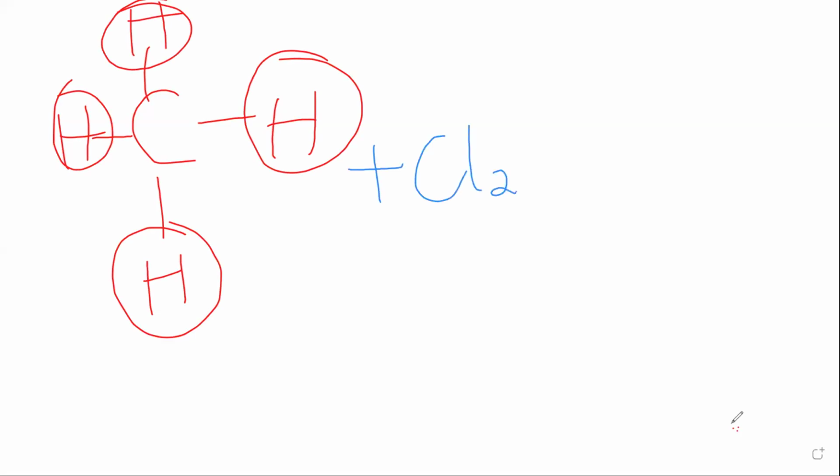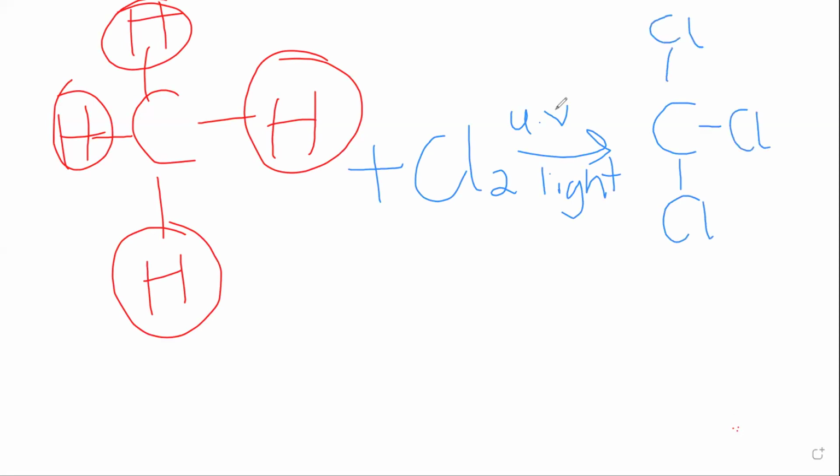So if I have plus chlorine under UV light, that means I'm going to have chlorine here, chlorine there, and then chlorine here. Plus what? Plus hydrogen gas this side. But of course, I need to balance the equation, and you'll study those things on a later date. So that means at this point, this process is called halogenation because the chlorine has replaced the hydrogen atoms in the carbon chain.